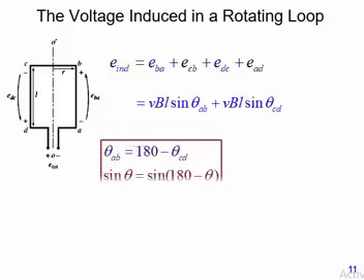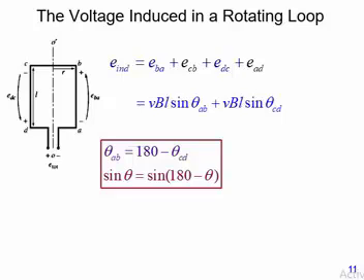So the sum would be 2 VBL sine theta, if we consider that theta AB and theta CD are related by theta AB equal to 180 degrees minus theta CD, because they are out of phase by 180 degrees.